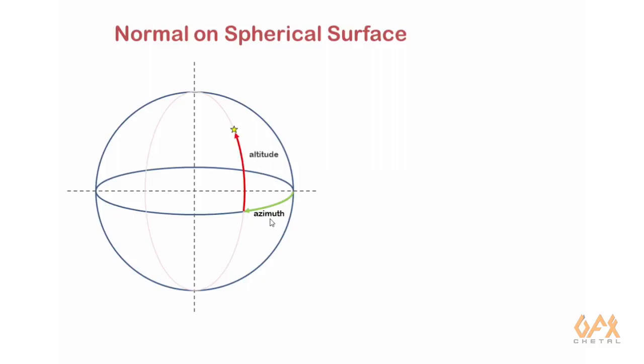This is my azimuth and this is my altitude. Through these two values we can find the position of this point on the sphere surface. Here we consider that altitude is my rotation x and azimuth is my rotation y.